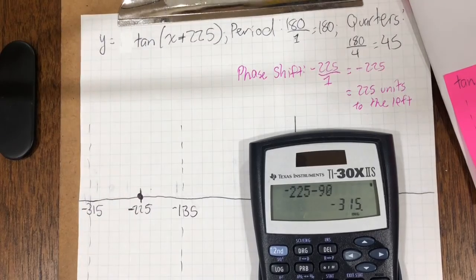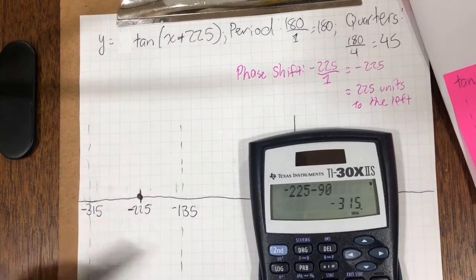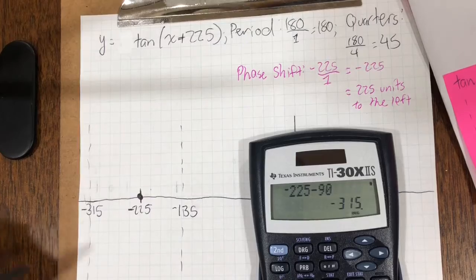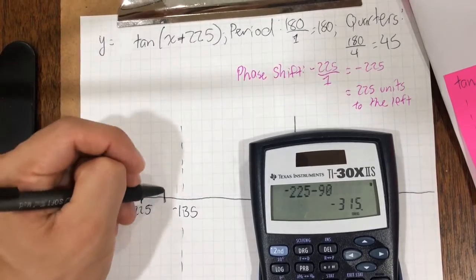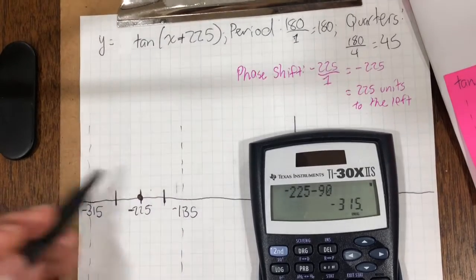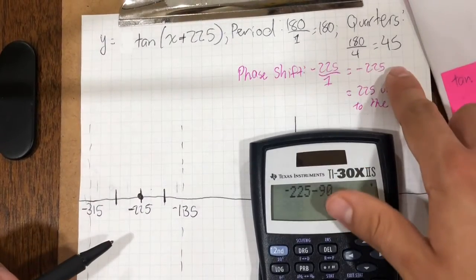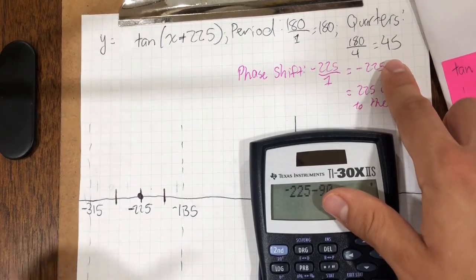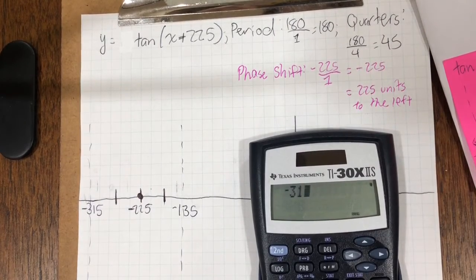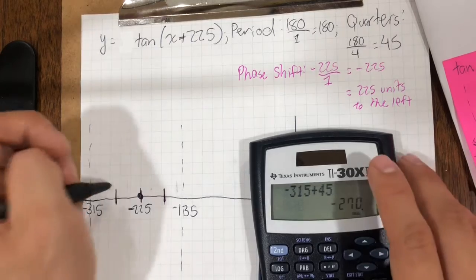All right. So I have my first graph starting good. Then I have my two halves in between negative 225. To figure that out, we know the quarters is 45. So to get from one x value to the next, I'm going by 45. So I'm taking negative 315 added to 45, I get negative 270.